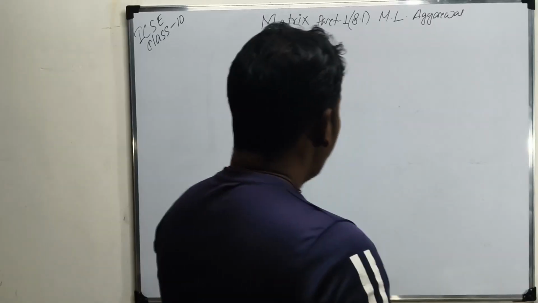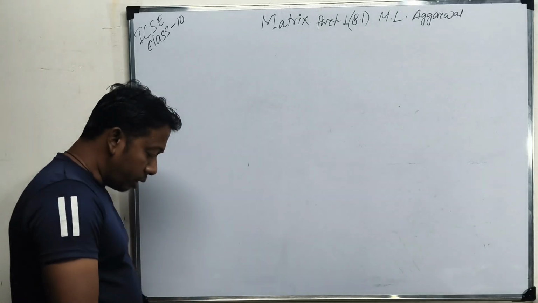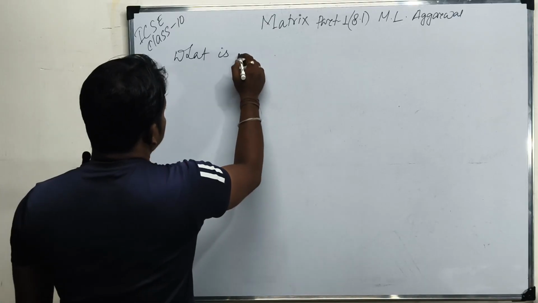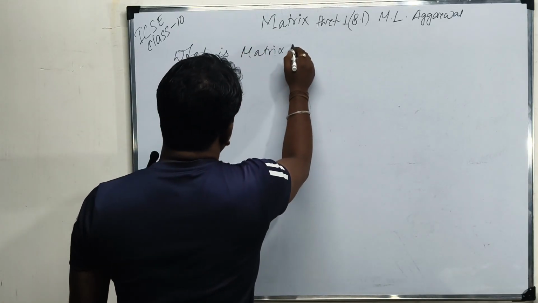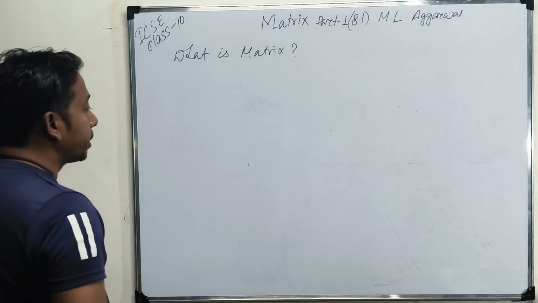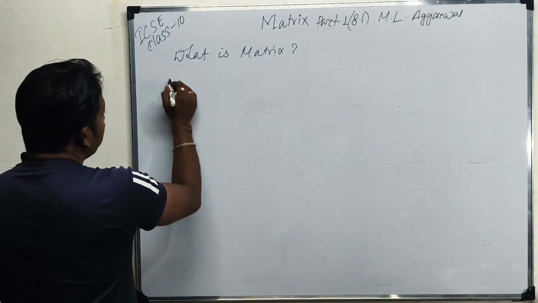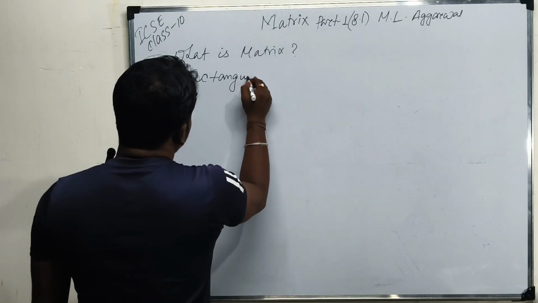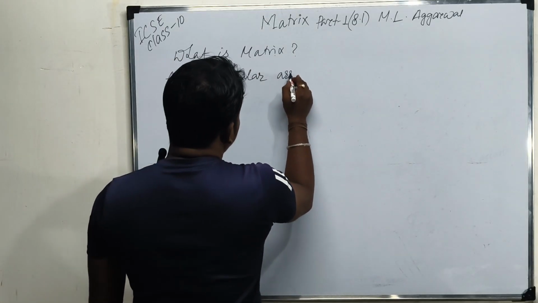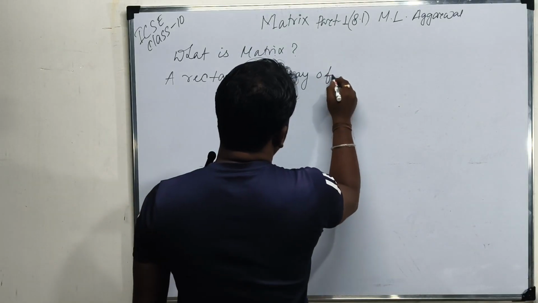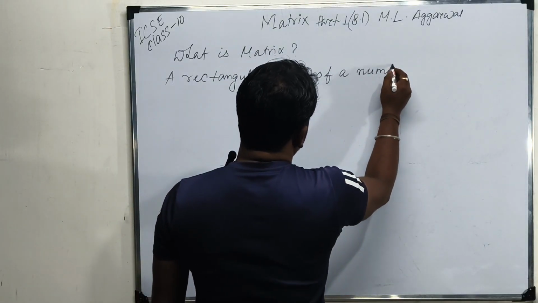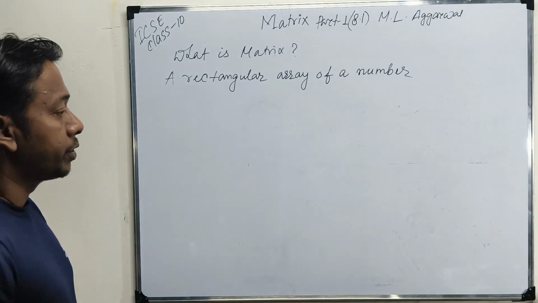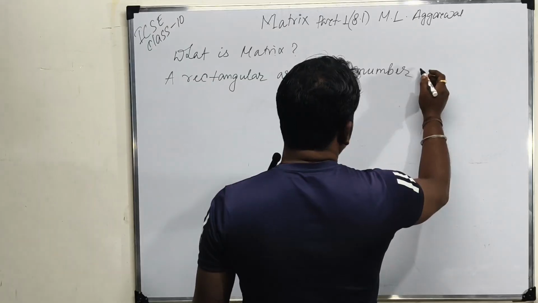First, we have to know what a matrix is. Basically, a matrix is a rectangular array of numbers arranged in rows and columns.